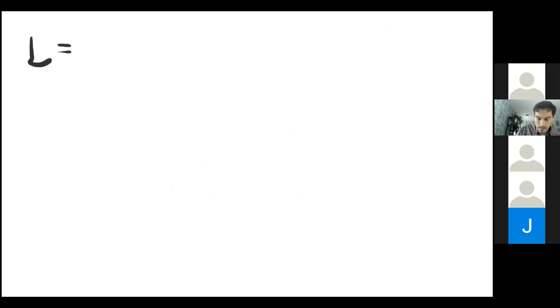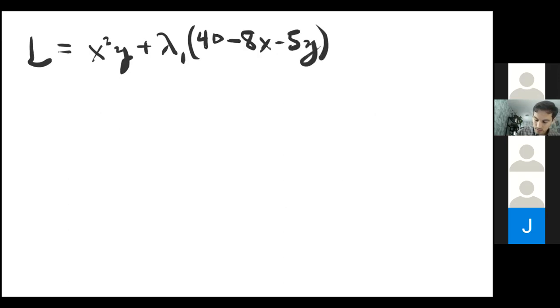I think I can do it pretty quick, Colin, and you'll see what I mean. Plus lambda 1. So there's a subscript on lambda now, and that's 40 minus 8x minus 5y. And then there's a lambda 2 for the second constraint, and that one is just simply 3 minus x.